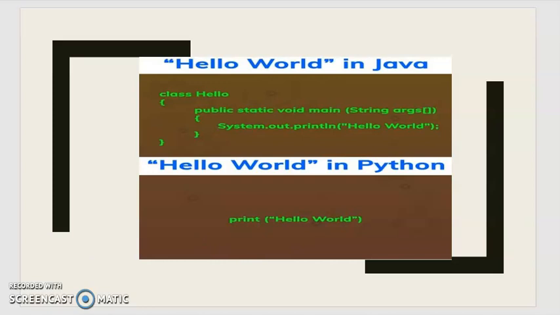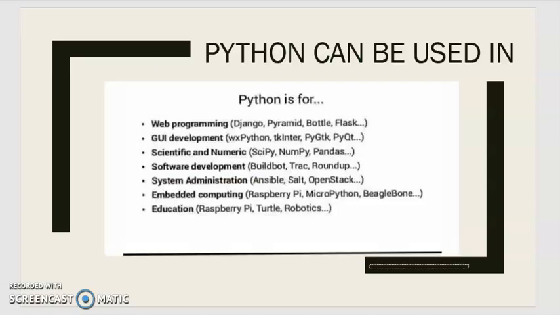This is a simple example, and there are pros and cons of course, but Python is user friendly and the code is written in a normal English way, so it is easy to learn. And where can we use Python?